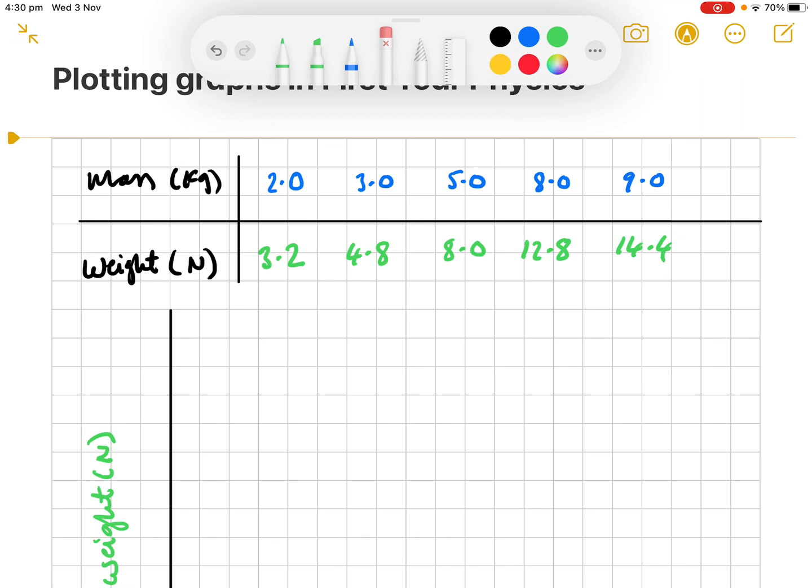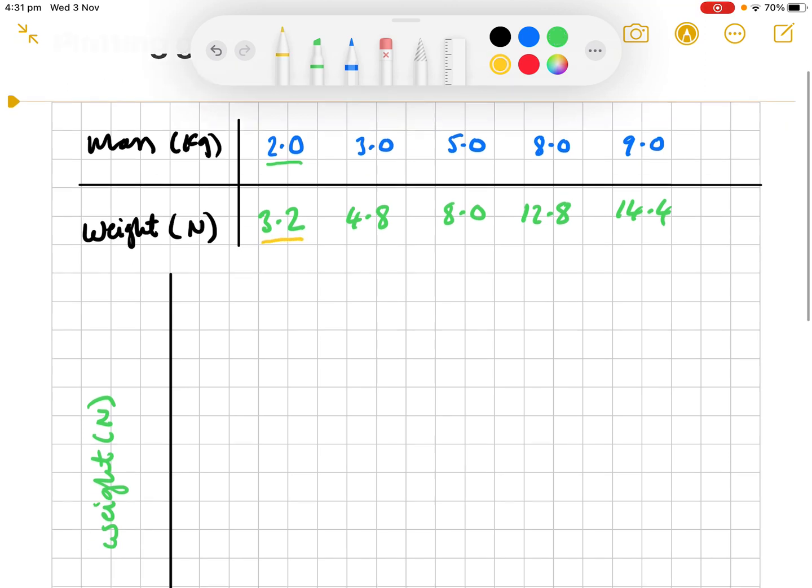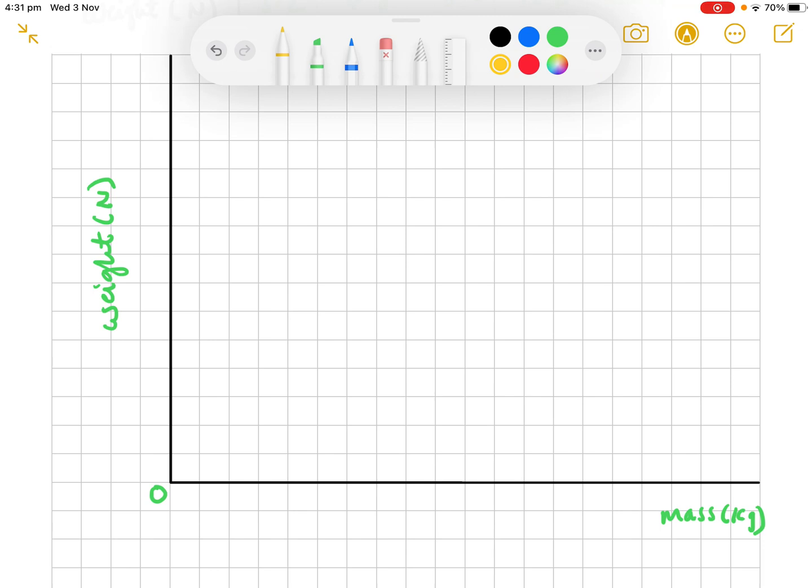Here's how I do it. So my first point has a mass of 2 kilograms and a weight of 3.2 newtons. So in order to do that, I'm going to have to get my scales written in. So I said I was going to have 2 boxes for each kilogram.